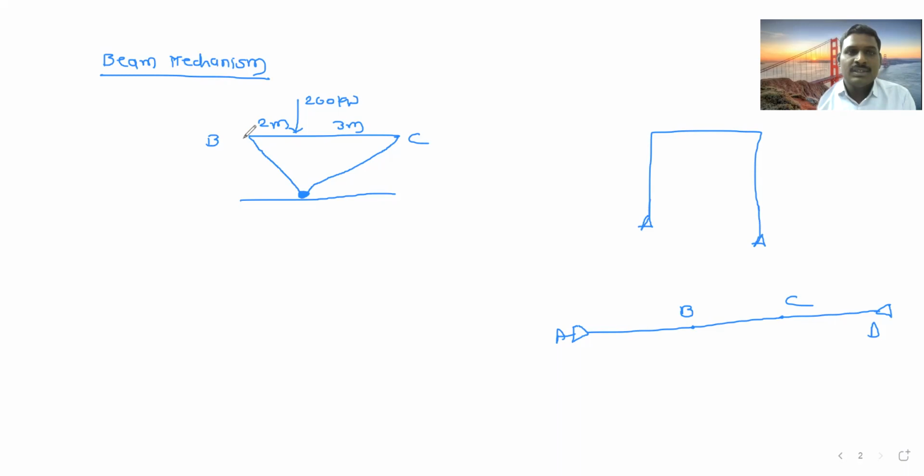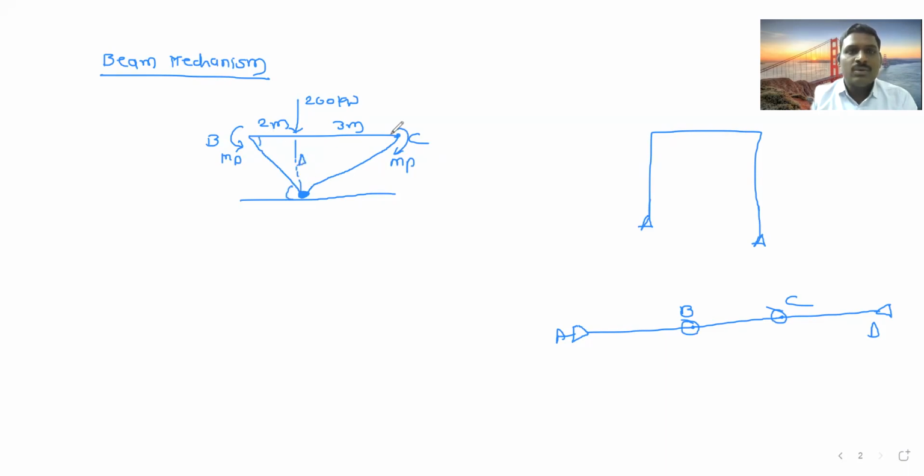Yes, sir. Movement will be present because this is an intermediate support. At C again movement will be there, because B and C are both intermediate supports.